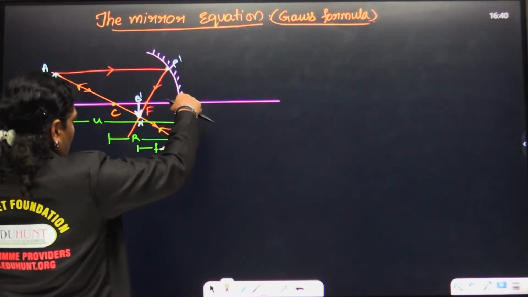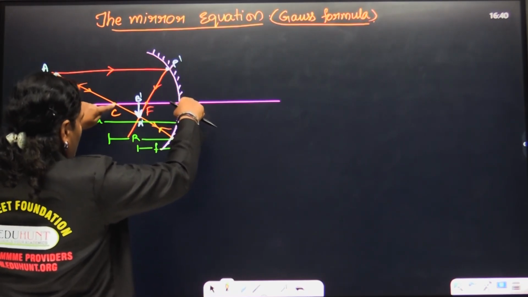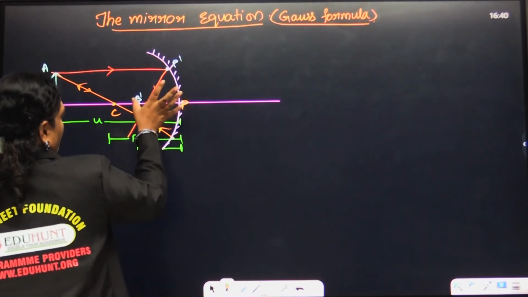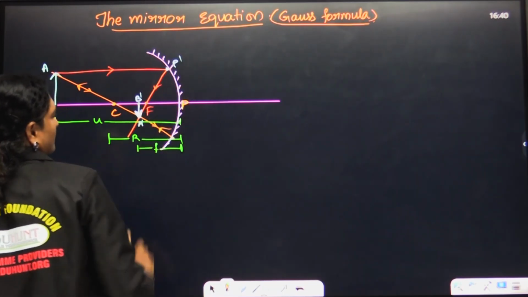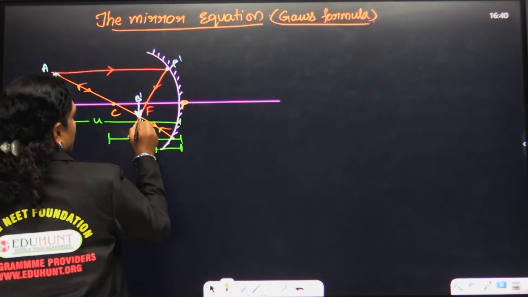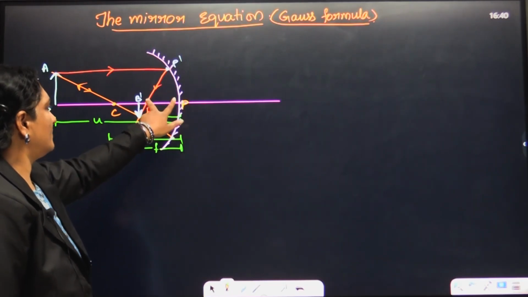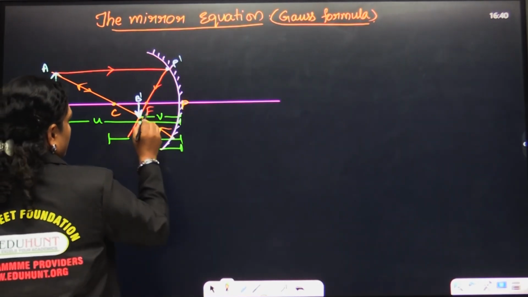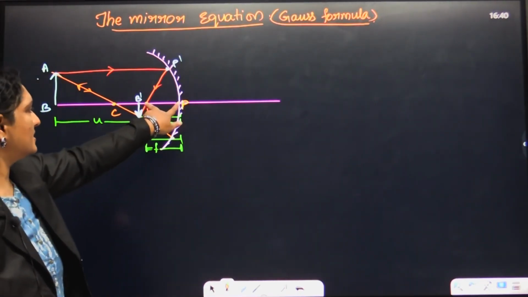The distance between the object and the pole is U, that is the object distance. The distance between the center of curvature and the pole is called the radius of curvature, indicated with the letter R. The distance between the image and the pole of the mirror is indicated with the letter V. The distance between the principal focus and the pole of the mirror is called the focal length, indicated with the letter F. So I have given you four quantities.